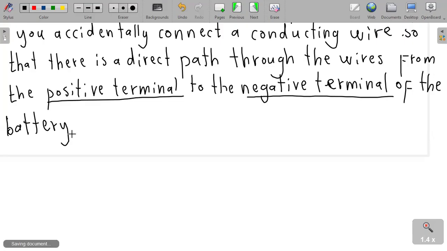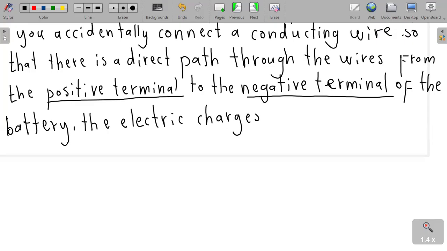Okay. So the electric charges will not flow to the light.